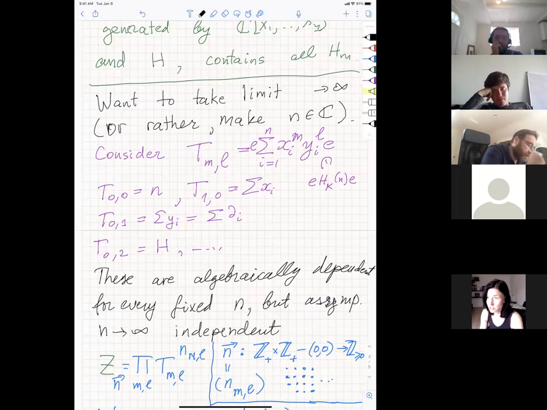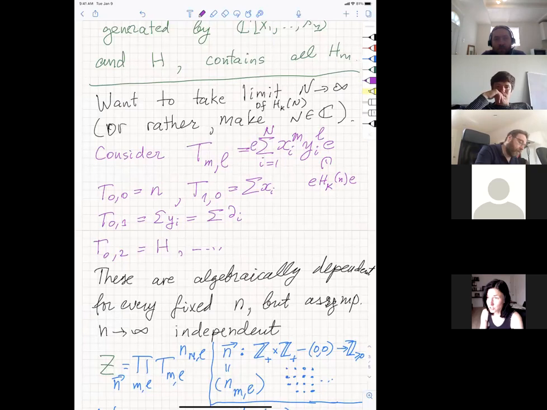So I want to make that a complex number, and so then the sum will be finite.